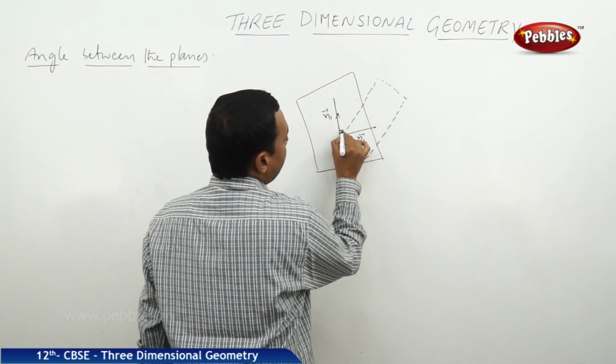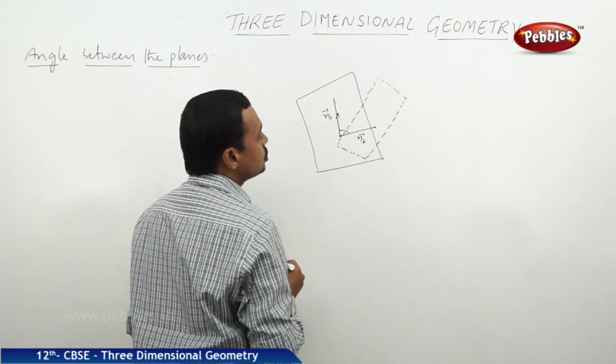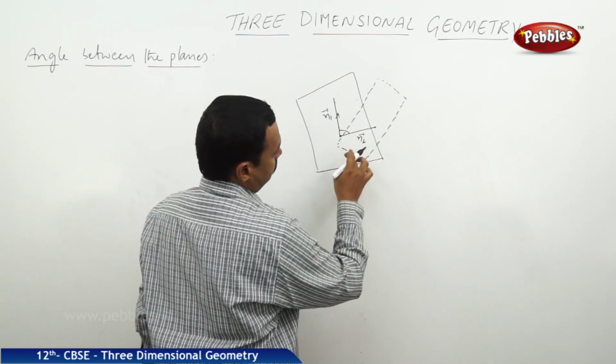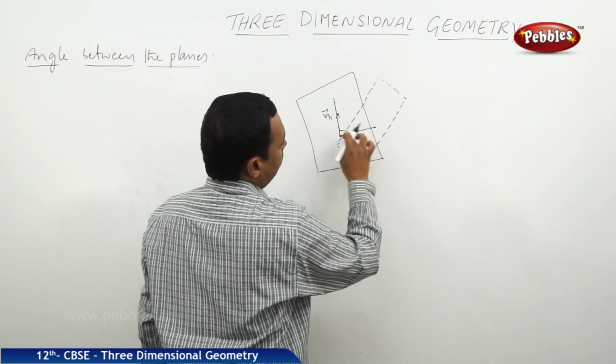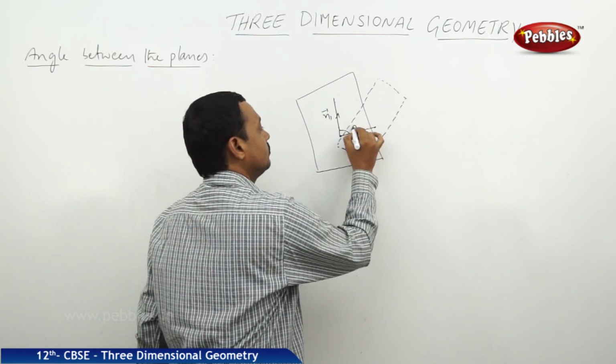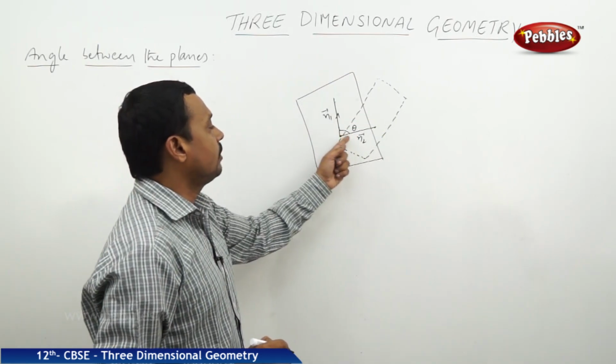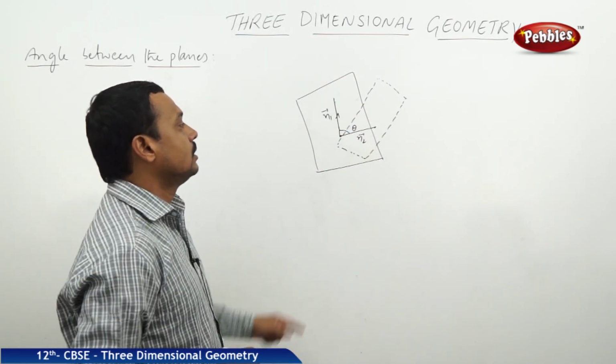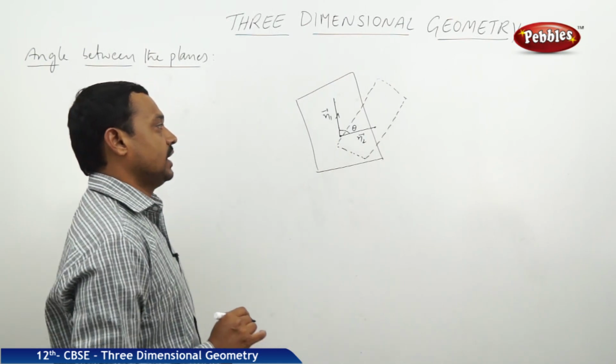Then the angle between these two vectors, let it be theta, gives the angle between the two planes.